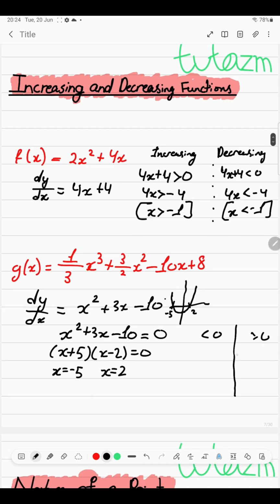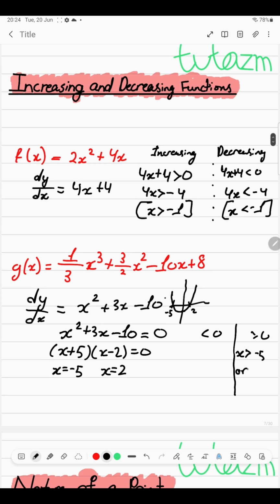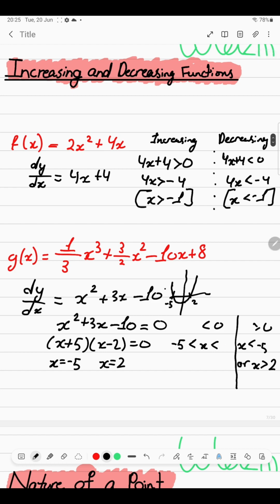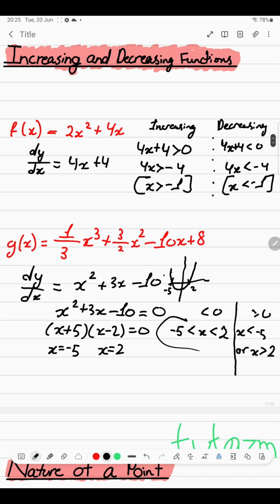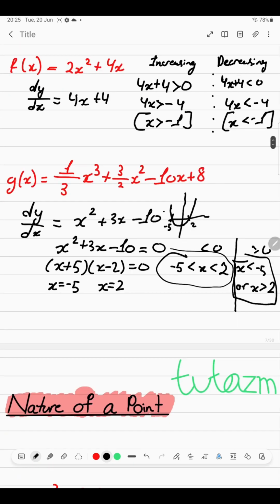So it's greater than 0 when x is less than minus 5 or when x is greater than 2. And it's less than 0 when x is greater than minus 5 and x is less than 2. And these are our final answers for this question.